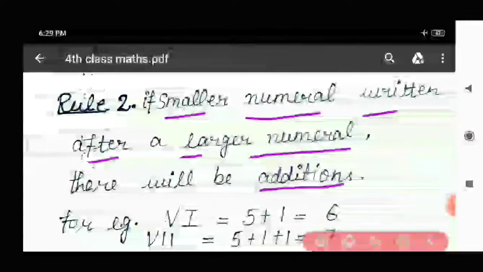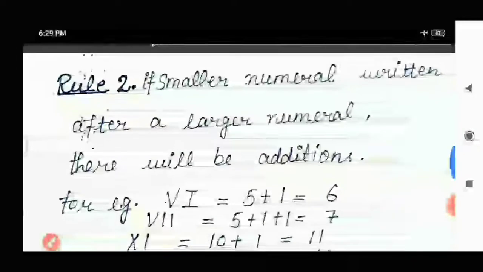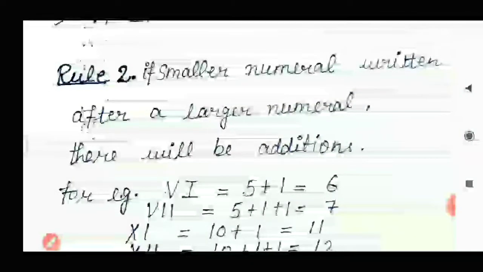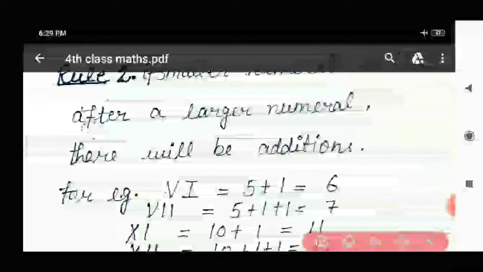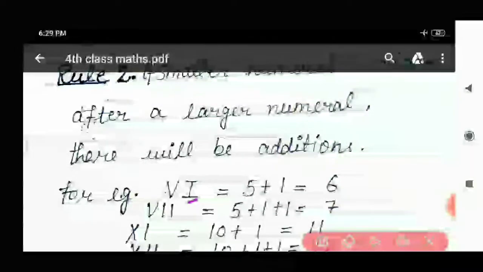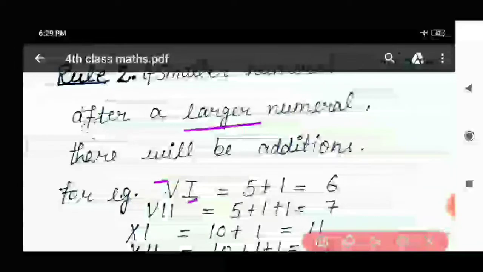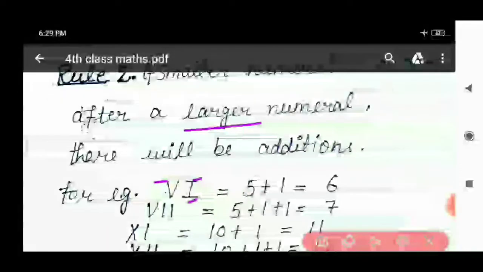Addition. Remember it. It means, for example, when firstly a larger numeral is written and then after it a smaller numeral is written, there will be simply addition.